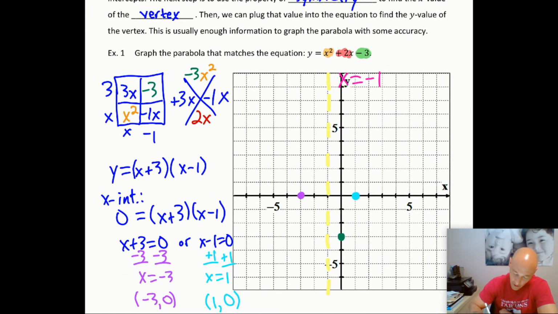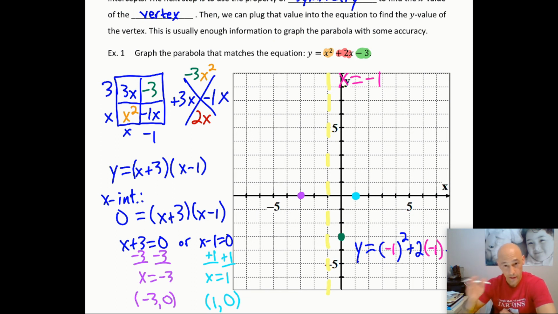So it's going to be, let's see, y is equal to -1 squared plus 2 times -1 minus 3. And I'm going to do this kind of all in one step.